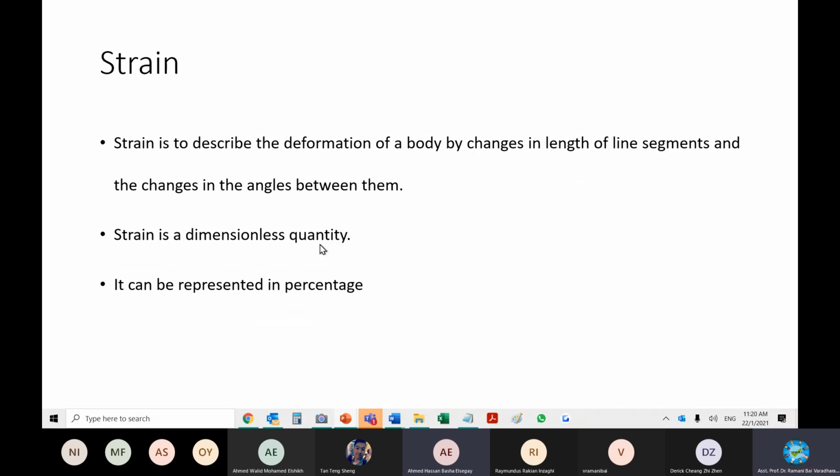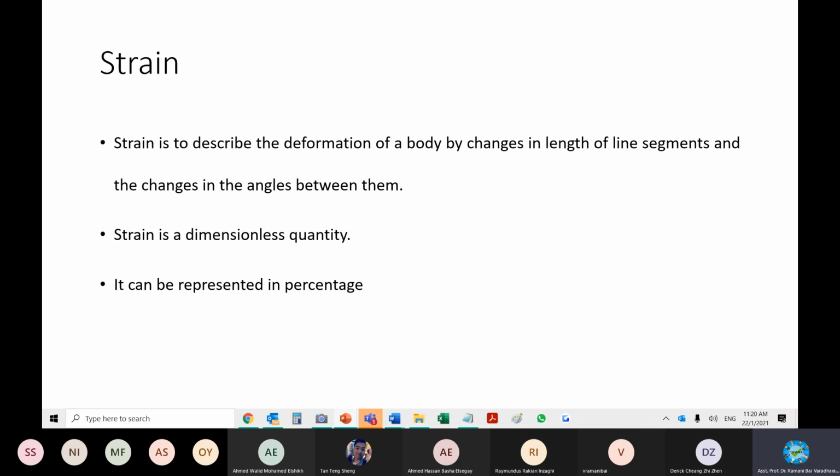Okay, no unit. Good, you made a mistake, now you change it. Strain is a dimensionless unit. Then I can understand you are not following what I say. Maybe I go slowly, but I cannot go very slowly. Strain is a dimensionless quantity, no unit. It is the rate of change of two dimensions, change in dimension to original dimension. I will write the equations later, but for now understand and memorize, strain is a dimensionless unit.